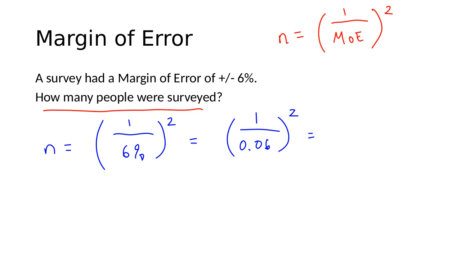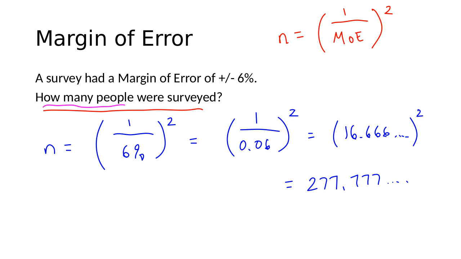Working inside the parentheses first, we'll do 1 divided by 0.06, and we'll get 16.666 repeating. We'll leave that number on our calculator and then square it, and we'll end up with an answer of 277.777, and that repeats.